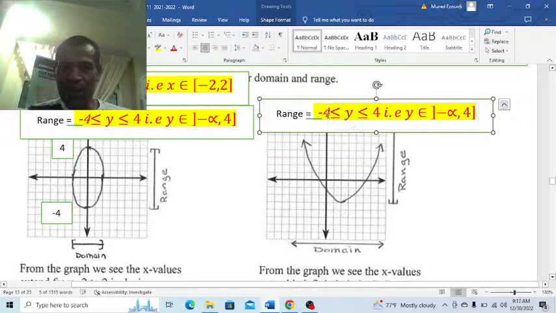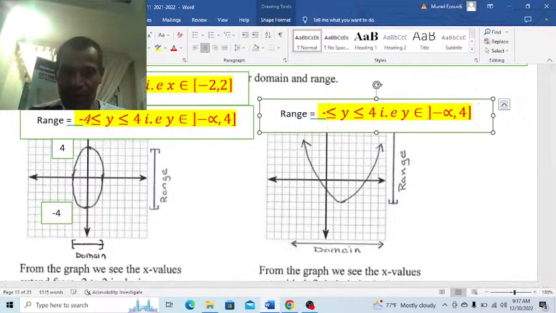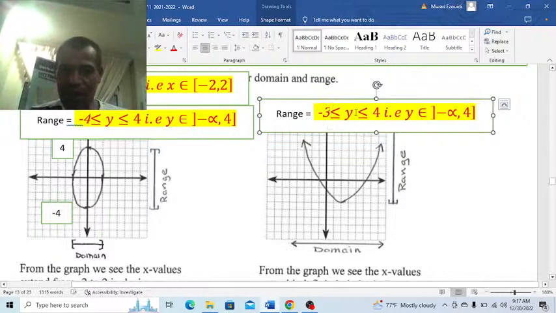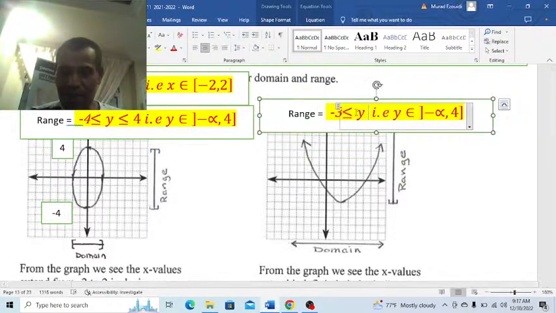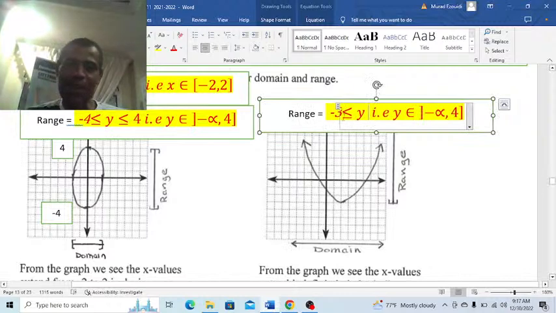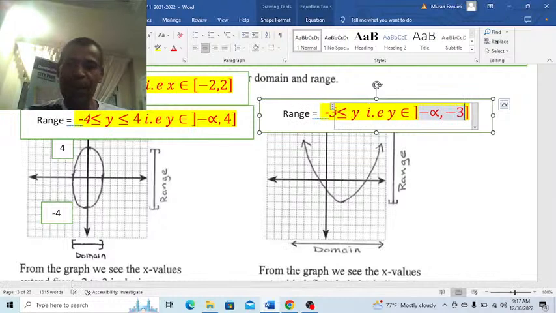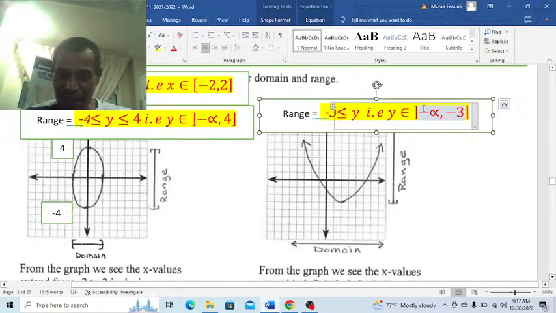Then I will erase this, no need. So y is less than negative 3. Means y belongs to the open interval from the left-hand side and the closed interval from the right-hand side, which is negative 3. So this is the range. If you write this, it is also correct.